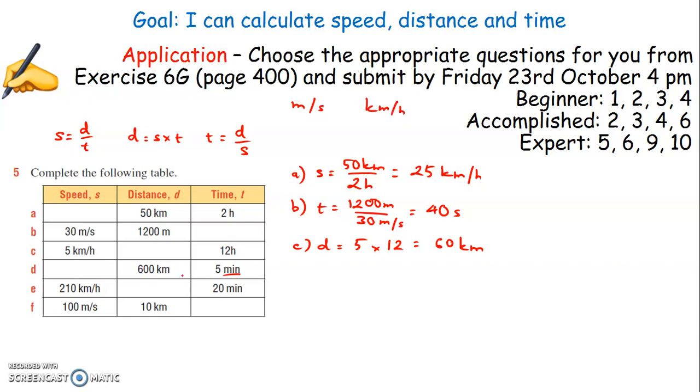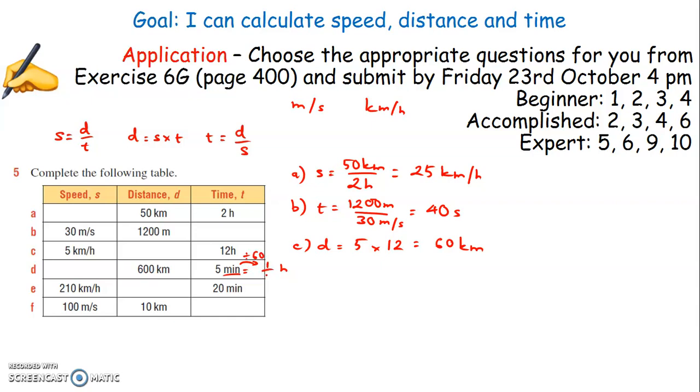Since our distance is in kilometers, we would want our time to be in hours. Remember, to change from minutes to hours, you have to divide by 60.